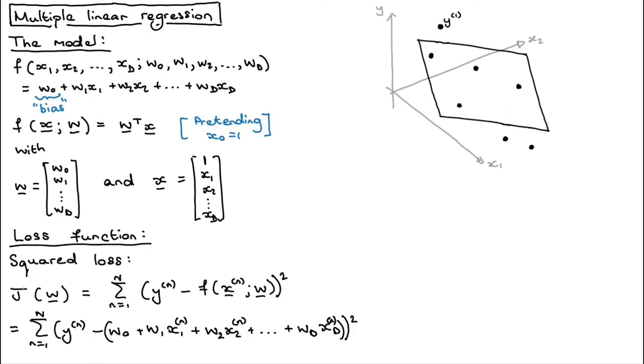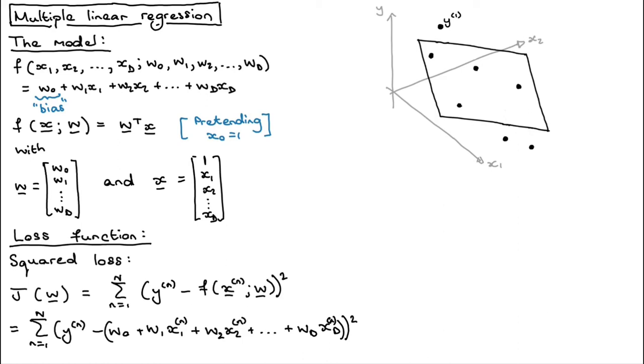So here, as before, we've got our loss function, J, which is now a function of the parameter vector W. We sum over our data points, and this is the actual observed target value. And then this is the prediction of our model for this particular input X little n. And then we take the difference between those two and we square it. And that's the squared loss.